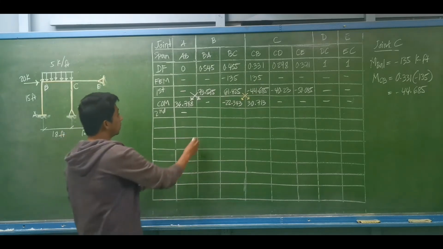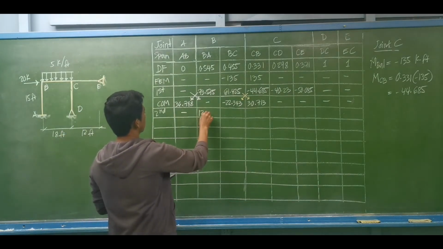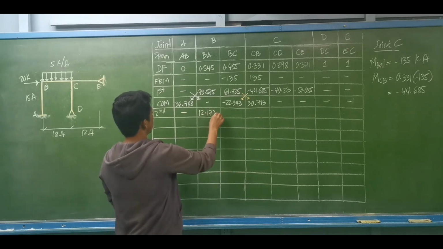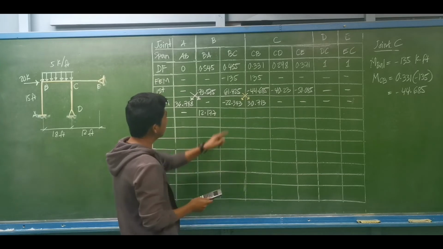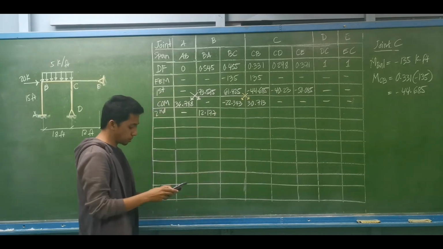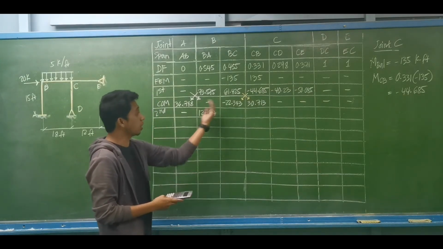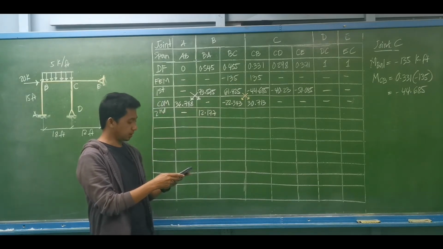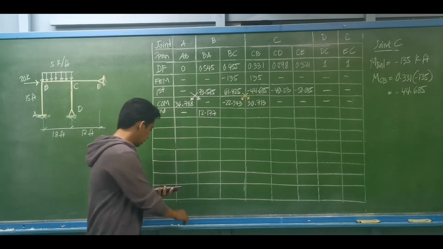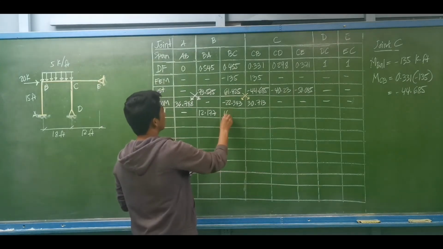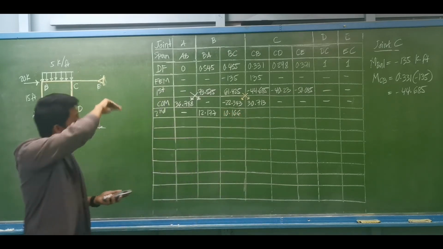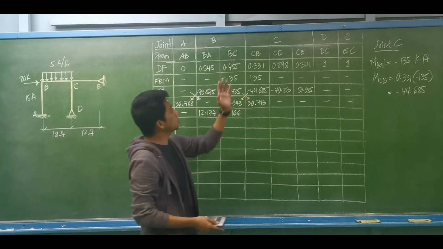So that will be positive 12.177. Then we have negative 22.343, or positive 22.343, take the opposite sign to be balanced. 22.343 multiplied by 0.455, and it's equal to positive 10.166.